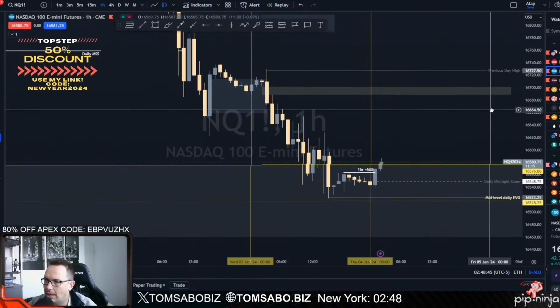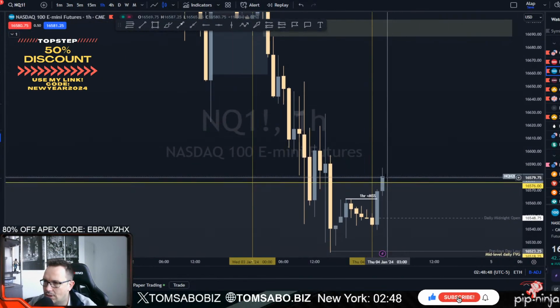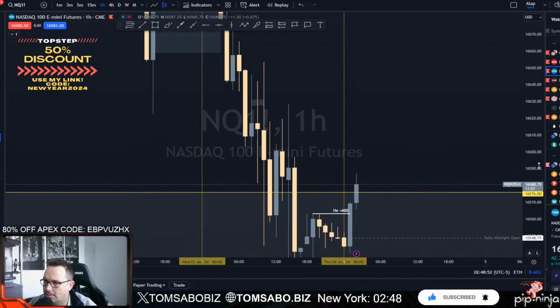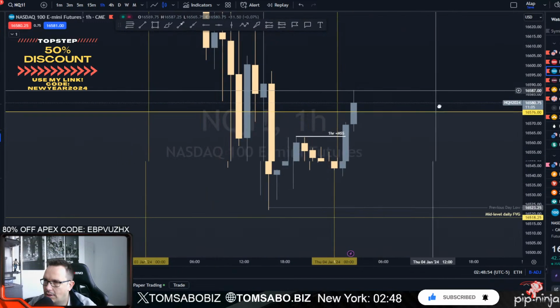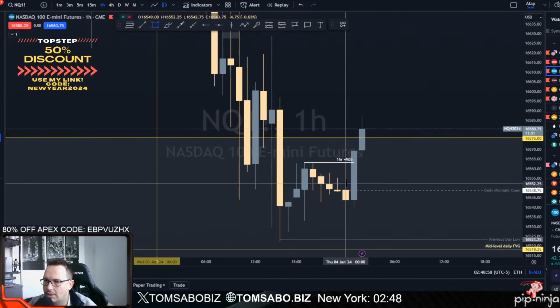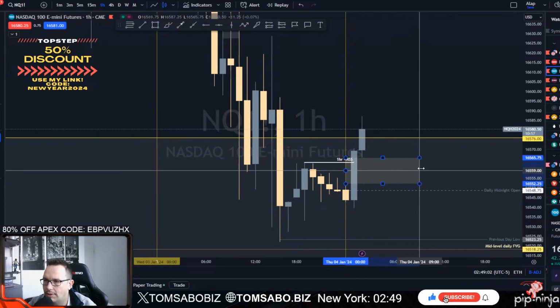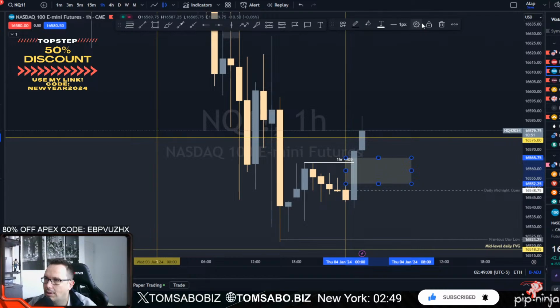So with that in mind, if this hour closes above here, I would love to see a retracement to the inside of this 1 hour fair value gap, or BC, buy side imbalance, sell side inefficiency.